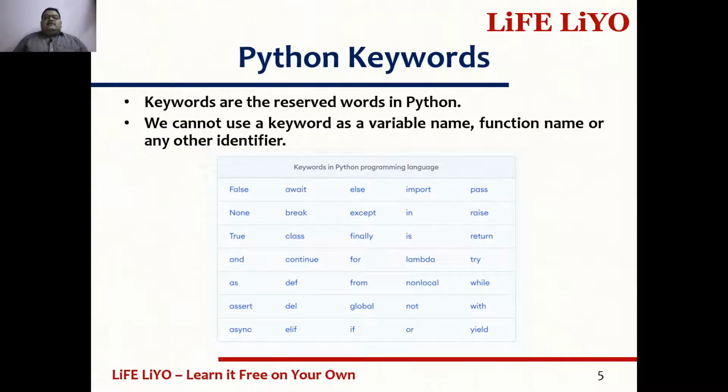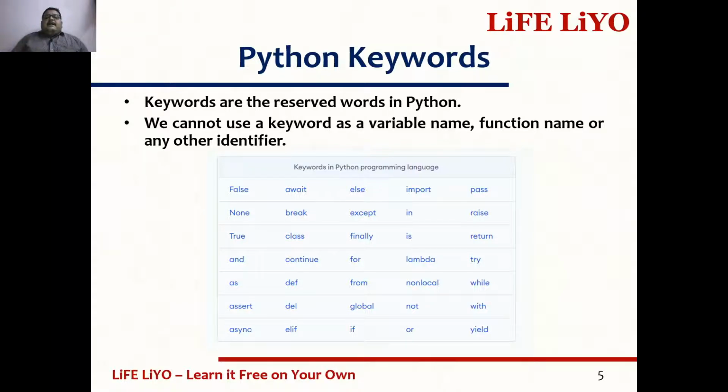Now, keywords. What do keywords mean? Keywords are nothing but reserved words. Reserved words means the meaning of these words is already known to Python. For example, we use a pen for writing. We know the meaning of a pen, because a pen is useful for writing on books or charts or other places.